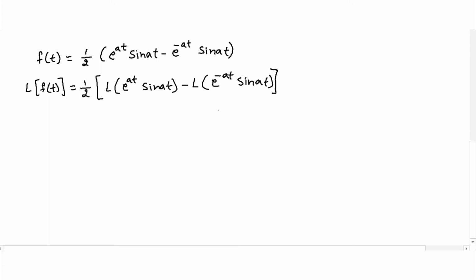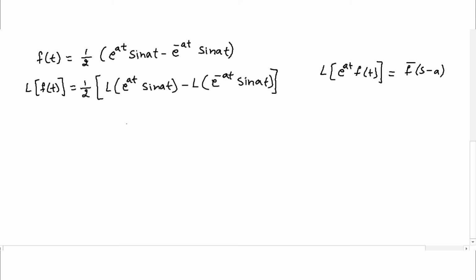We know the property that Laplace transform of e power of at f of t can be written in the form of f bar of s minus a, which means that s is being shifted to s minus a.